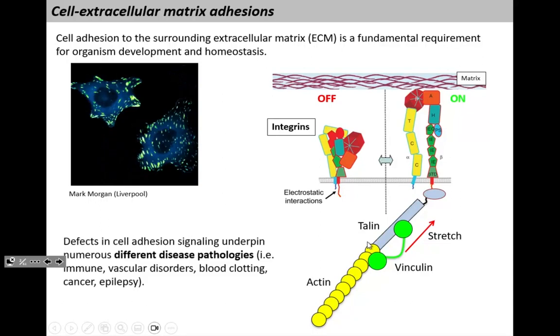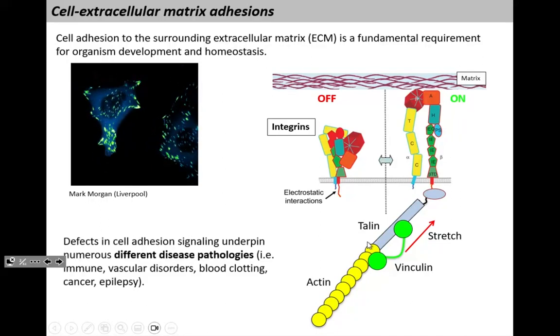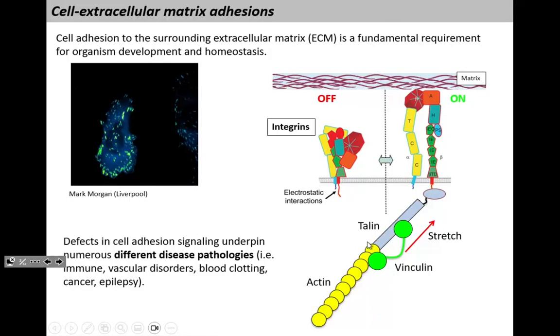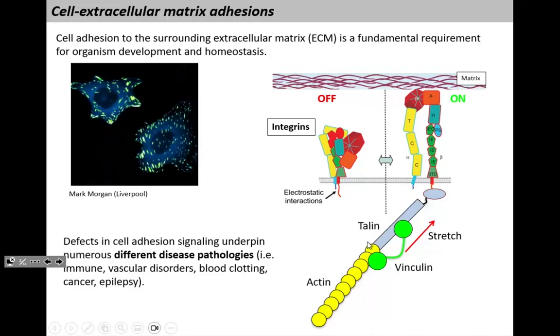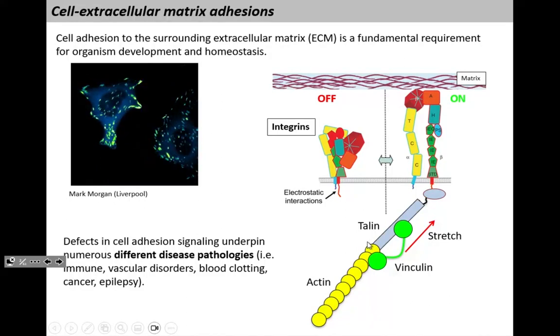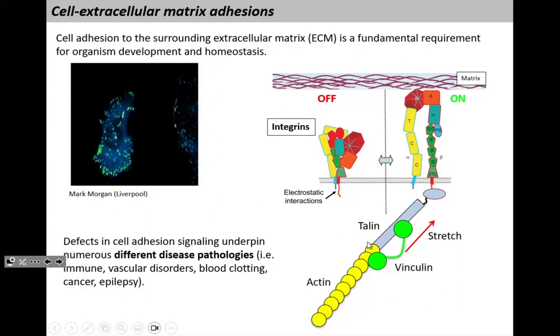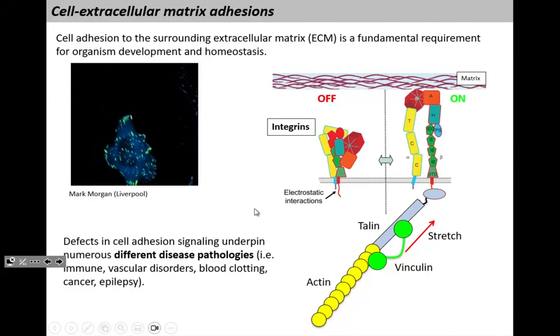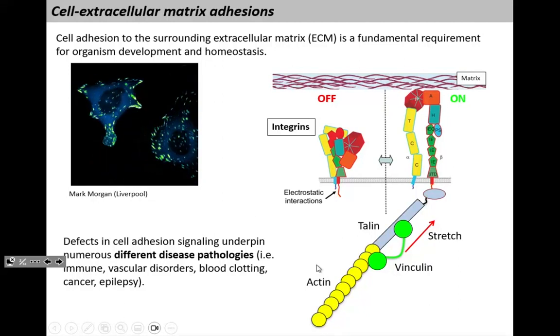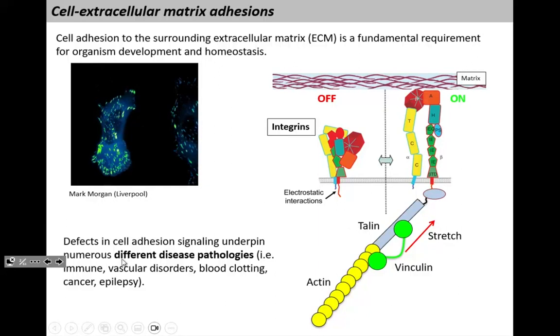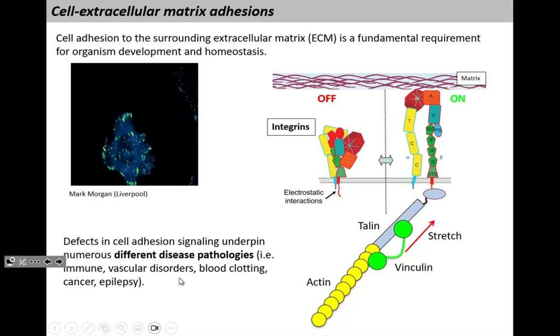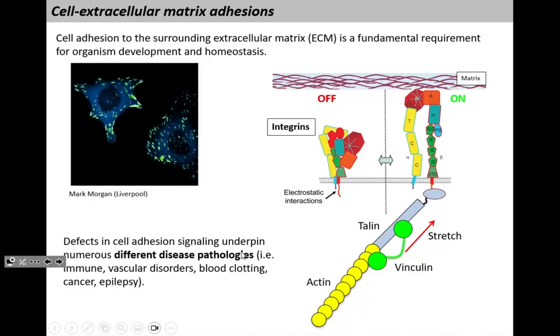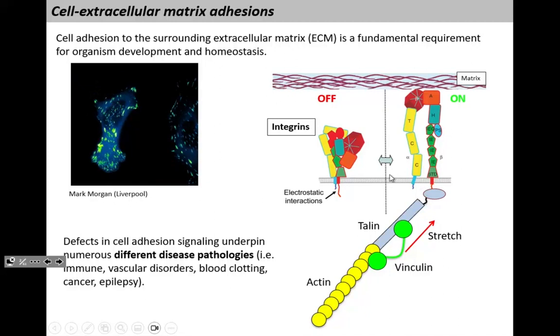And what's become apparent, certainly with the advent of cheap sequencing, is that there are hundreds of diseases which originate from where these adhesive structures go wrong, and it impacts on pretty much all disease conditions, with mutations linked to problems in this signaling complex.